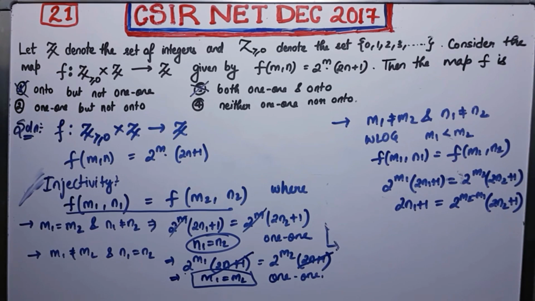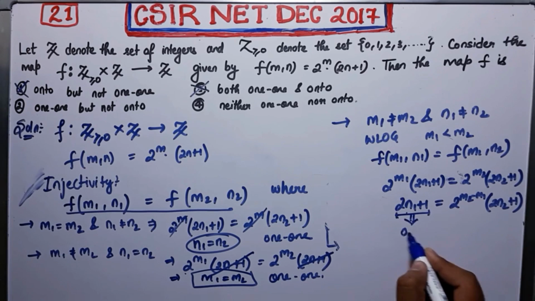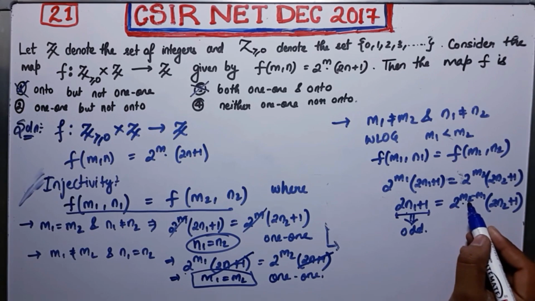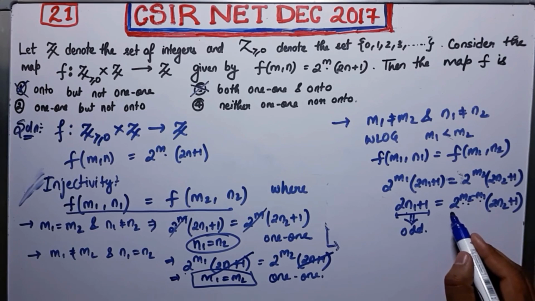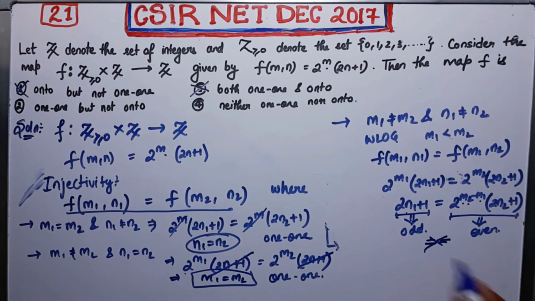Now see, for any n1 you choose, this number is always an odd number. Since m2 is not equal to m1, this is a multiple of 2, so this number is an even number. So you can conclude that this is a contradiction, because you are getting this odd number to be equal to this even number.